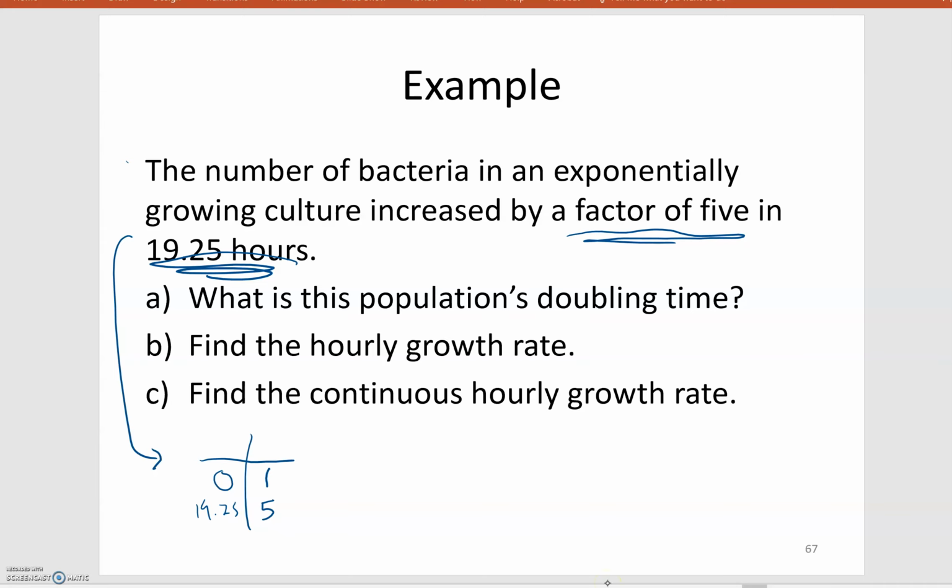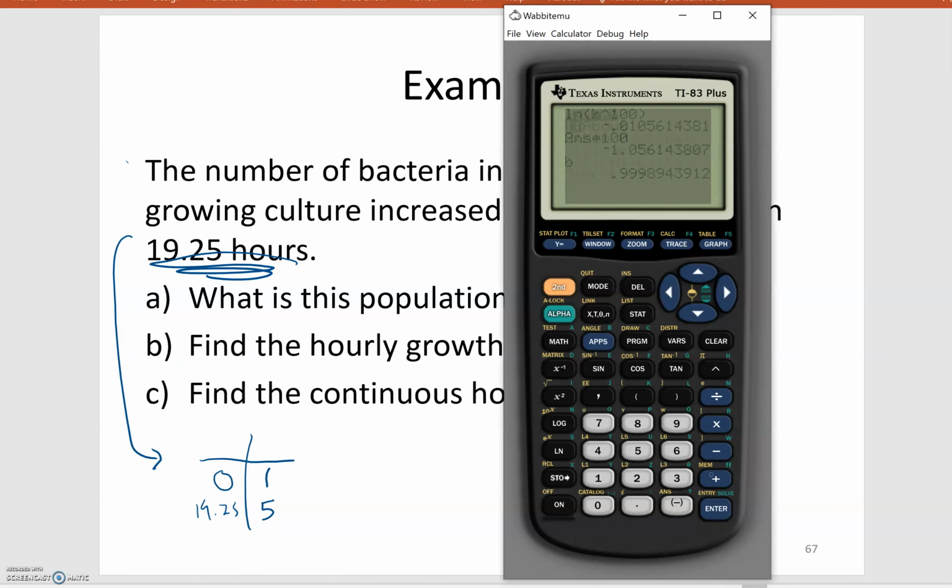If you read the questions, you might see this doubling time question and kind of freak out. Notice that I didn't even look at the question before I started finding the model. It actually is better to do that because the question is just going to confuse me. I need to get the model first, and then I can worry about the question. So that's my advice.